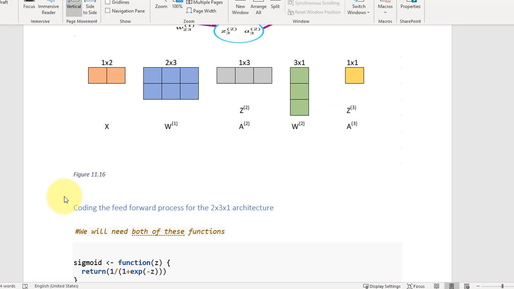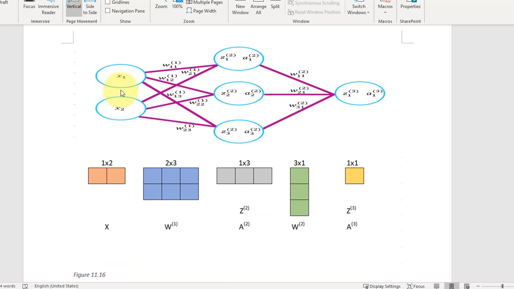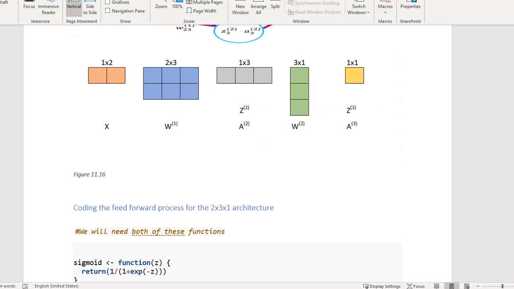So first we will talk about coding the feed-forward process. That means how the data gets transferred from here out to here, or maybe even through to J. And then we're also, of course, going to code the back propagation process as well.